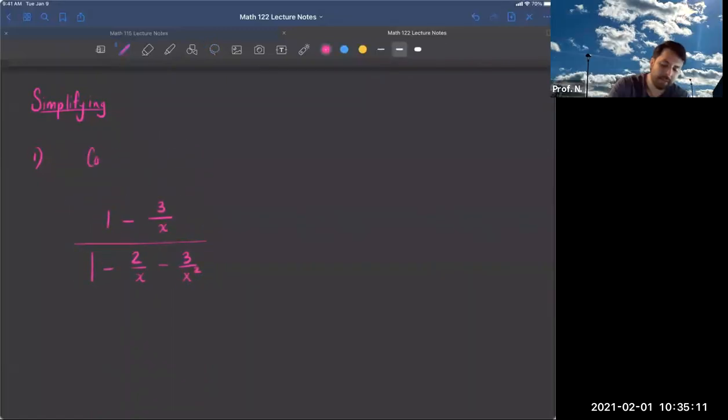So we have complex, and some textbooks call it compound fractions. This is a kind of expression you see not just in pre-calc, but especially in calculus when you talk about limits. You're going to want to know how to simplify complex compound fractions. So we'll stop with this for today.